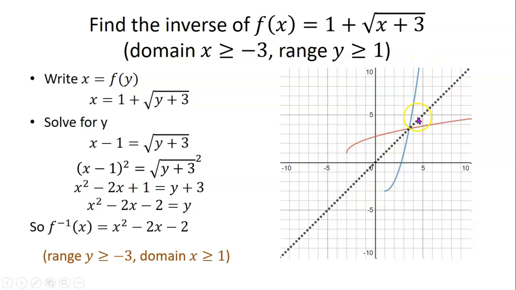We just get these points. These are the points that have x greater than or equal to 1 and y greater than or equal to negative 3. And if we just take the points where x is greater than or equal to 1, yeah, that does look like we took the original graph and just reflected it across that diagonal line y equals x. So things can get a little bit subtle when you have a domain and a range that aren't just all real numbers.